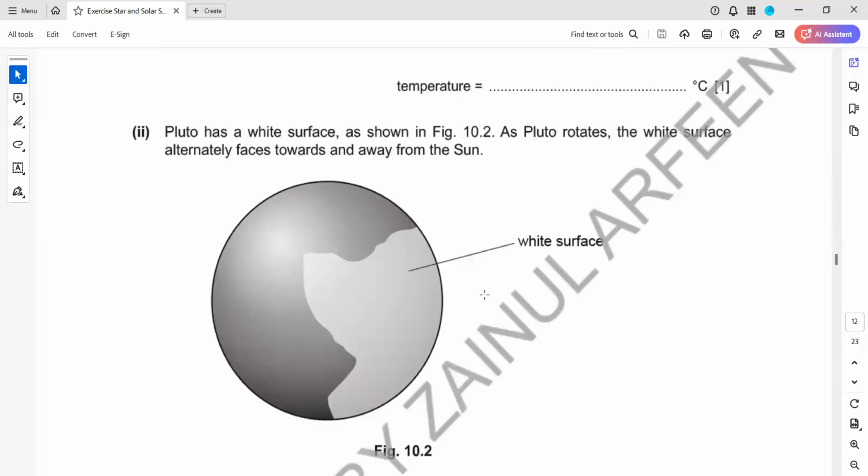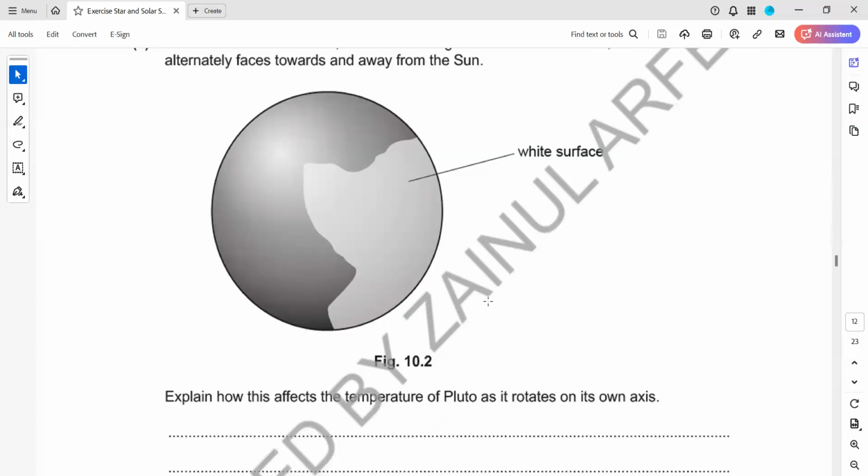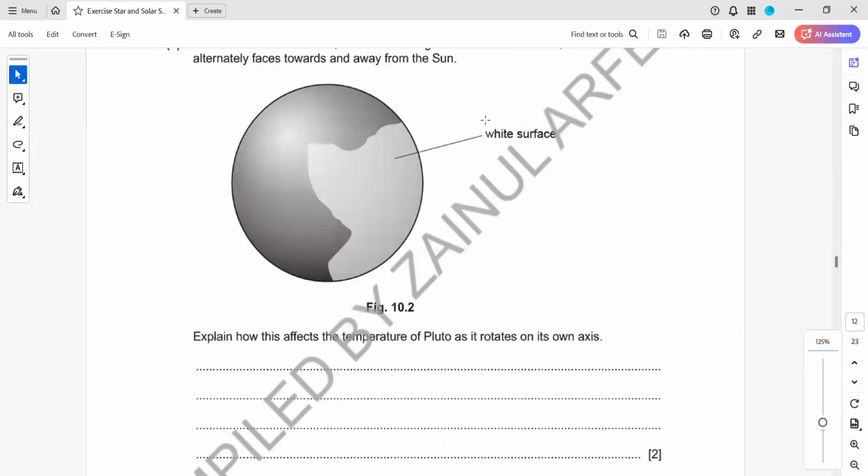Pluto has a white surface as shown in figure 10.2. As Pluto rotates, the white surface alternately faces towards and away from the sun. How does this affect the temperature of Pluto as it rotates on its own axis? White surfaces are good reflectors, so when the white surface faces the sun it reflects most of the energy and the temperature will not increase too much.